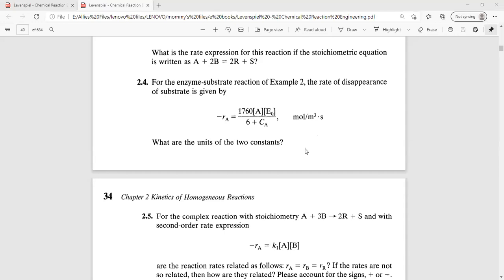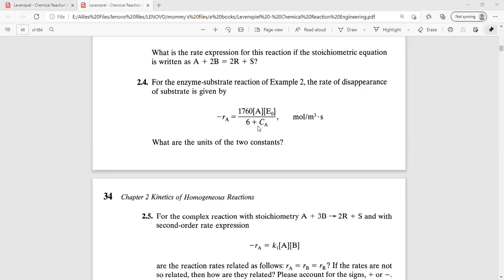Okay, so you're telling me that the constants that the problem is asking for the units of would be the 1760 and the 6. Okay, so you're correct. These are the constants that the problem is talking about. Now, you said that the unit for the 6 is mole per cubic meter and the unit for 1760 is per second, right?